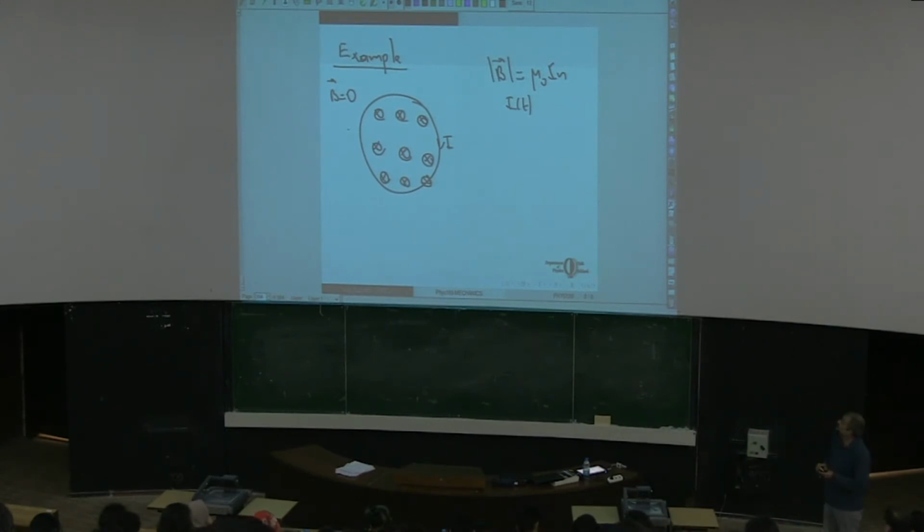Will there be an electric field outside? Your friends are saying that, okay, outside there's no magnetic field, so there's no flux, so there will be no electric field generated outside. That's the argument of your friends. Do you agree?